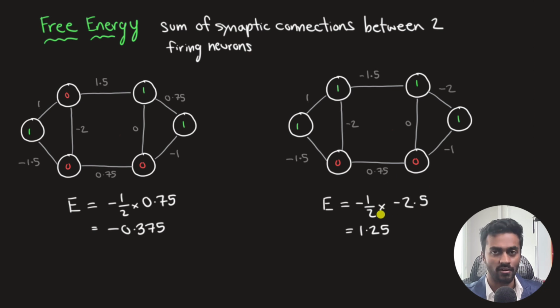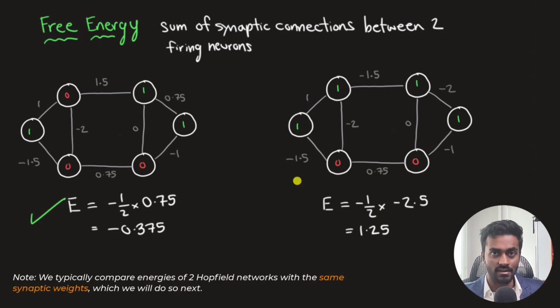So applying it to our formulation, the total energy or total free energy of this Hopfield network is going to be negative half times negative 2.5, which is 1.25. Now, the goal in our Hopfield network is to come to a stable state that corresponds to lower free energy. So in this case, we would like this lower free energy than it is compared to this state.